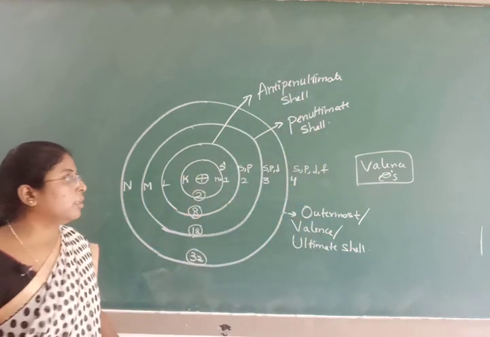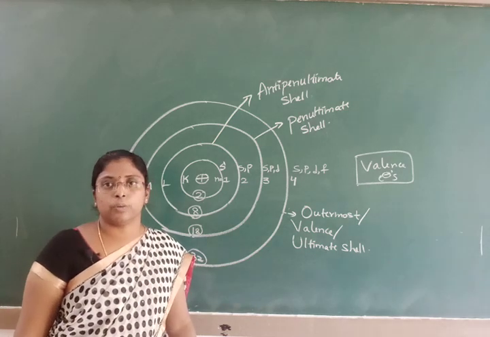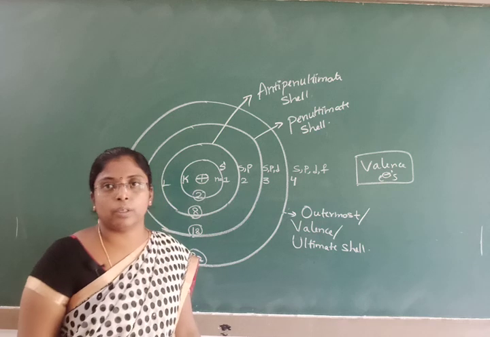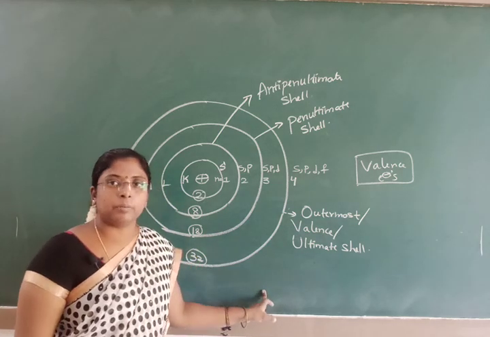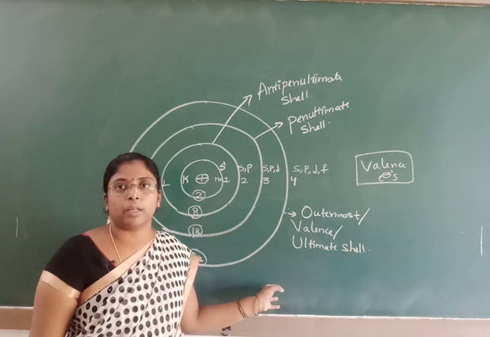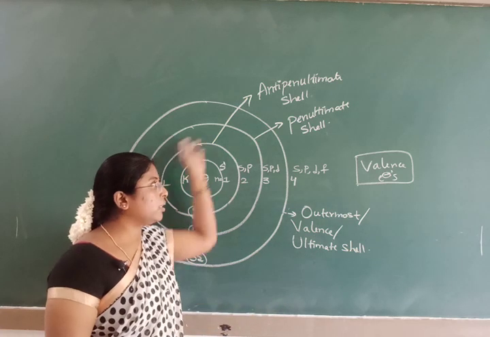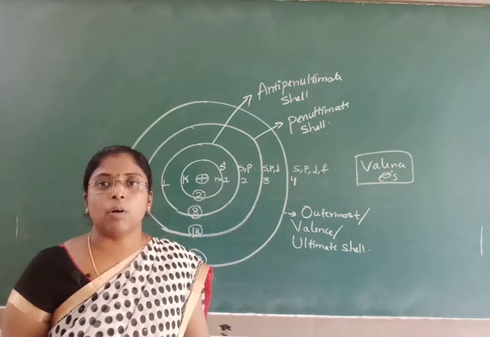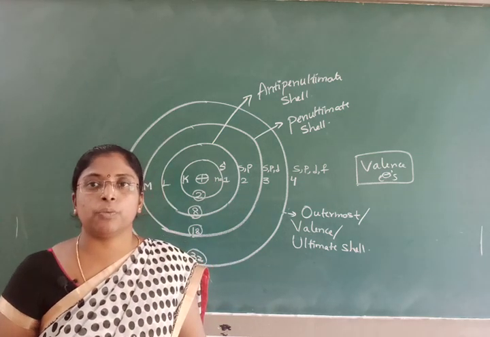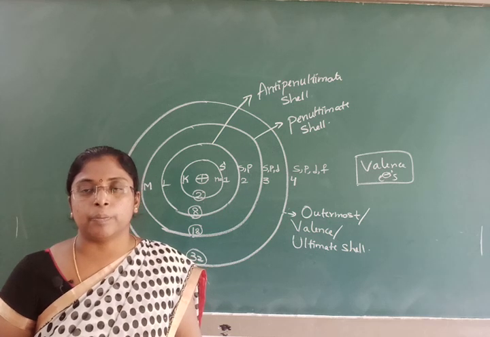Here is one rule known as the octet rule. What does the octet rule say? An atom will become stable when its outer shell has 8 electrons. When it has an octet configuration in its valence shell, then it is a stable element.